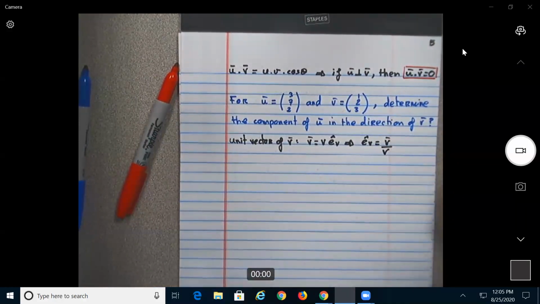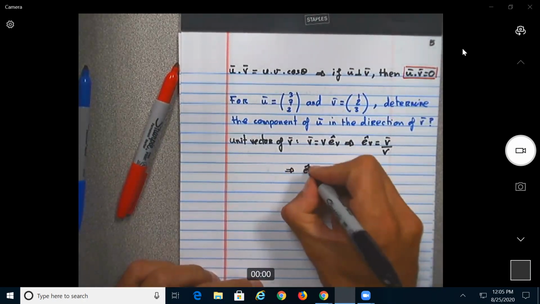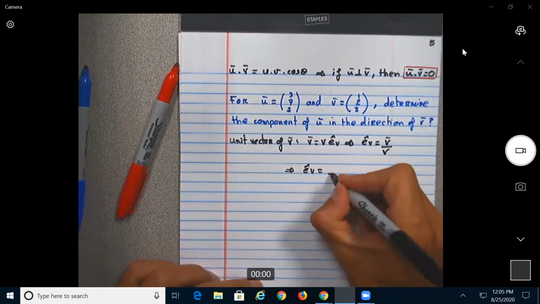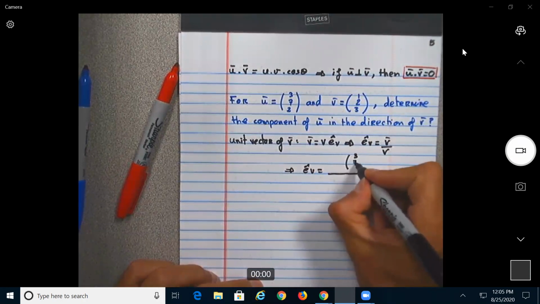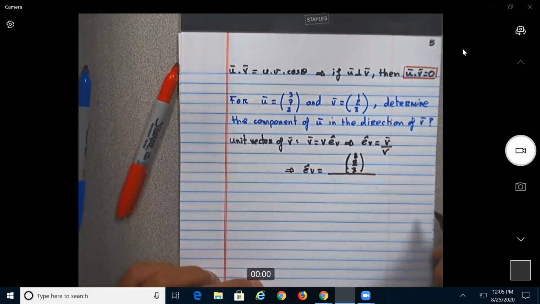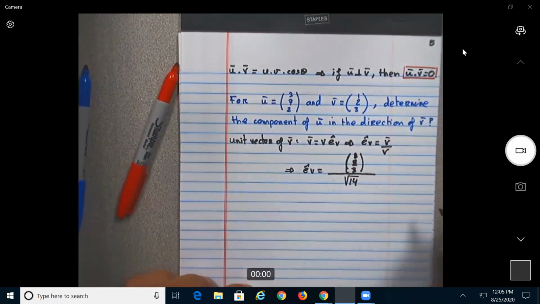So V is 1, 2, 3, divided by the magnitude that we calculated before, which is the square root of 14. Basically this is EV.